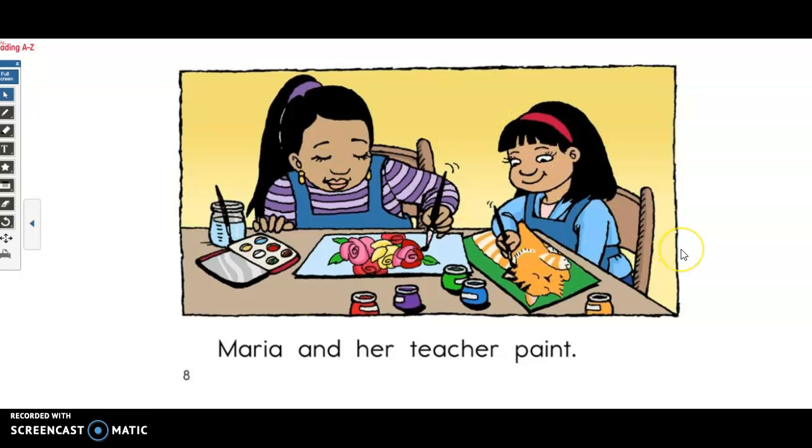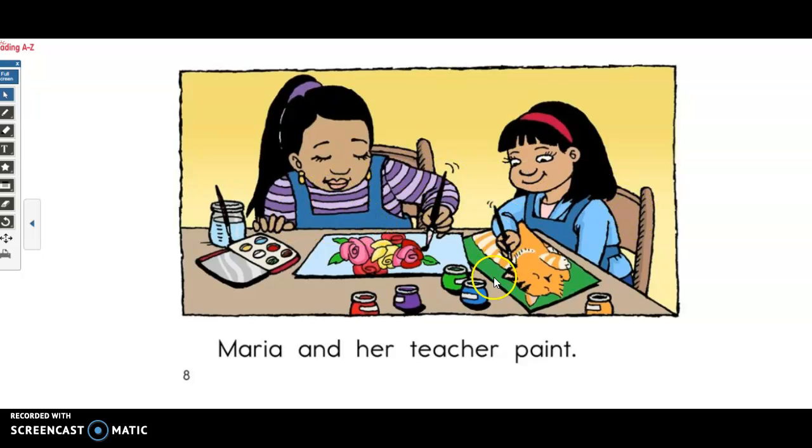Now what are they doing? Can you remember what this girl's name is? Can you remember this character? This is Maria. This is her teacher.